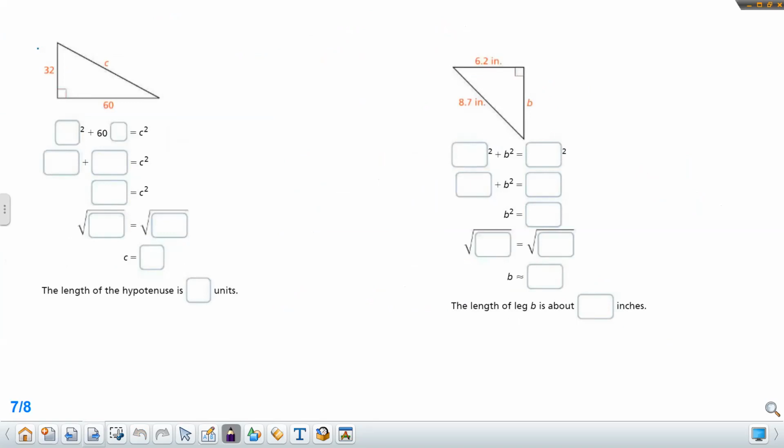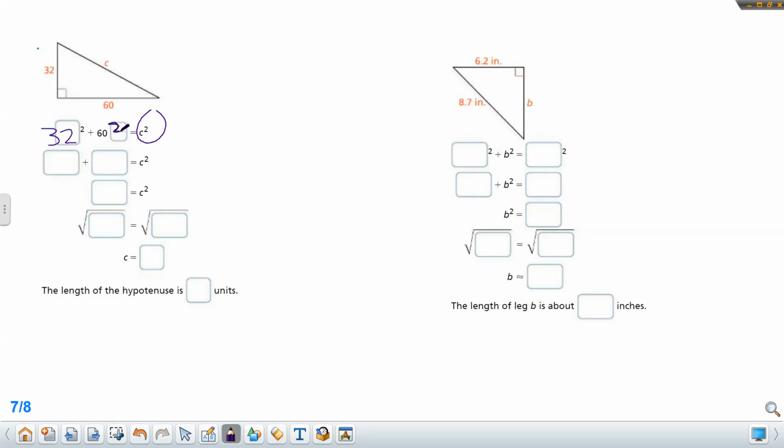The first step has two blanks. The first blank is space power 2 plus 60 power space equals C power 2. So you know, hypotenuse power 2 equals side power 2 plus side power 2. So we can say 32 power 2 plus 60 power 2.